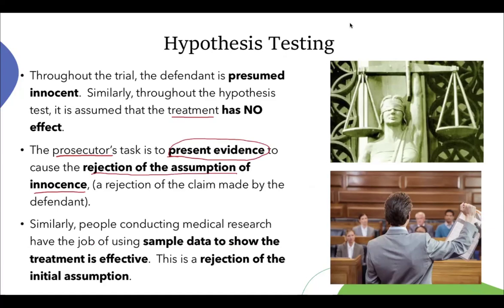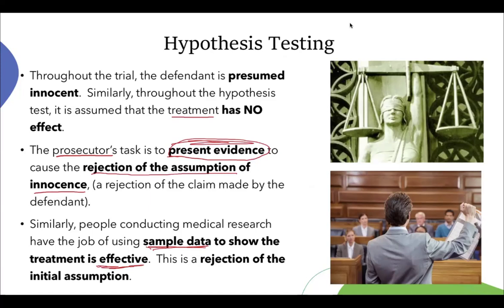People conducting medical research or any hypothesis test have the job of using sample data, similar to the evidence in a trial, to show that whatever is being tested, treatment, drug, vaccine, a product's effectiveness, is truly effective.